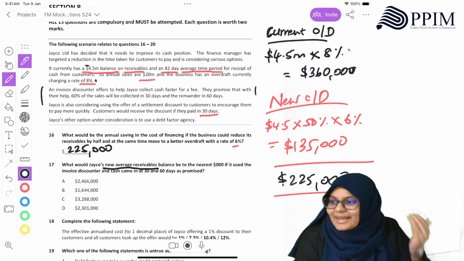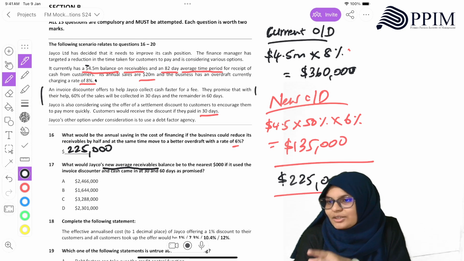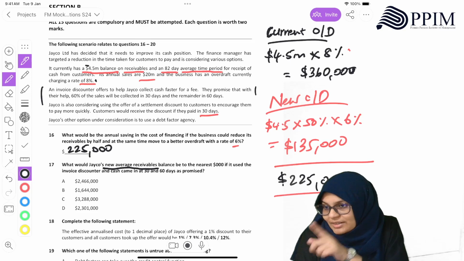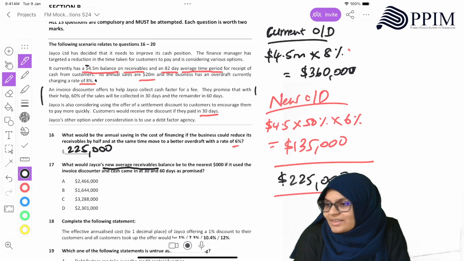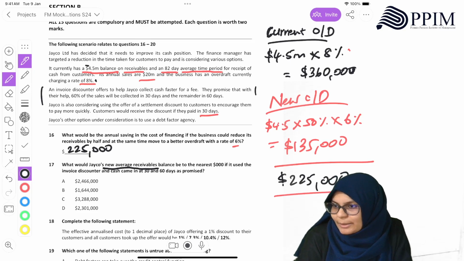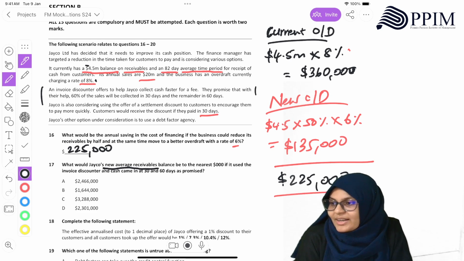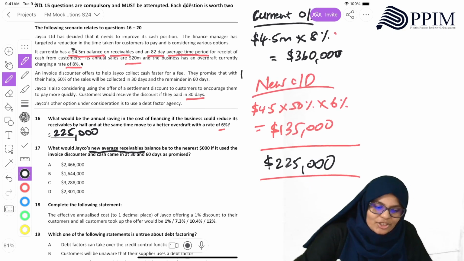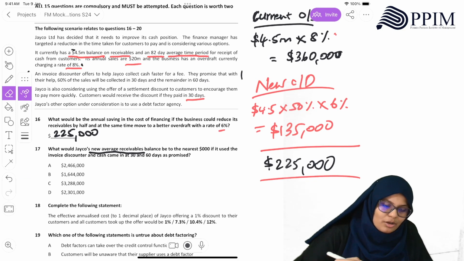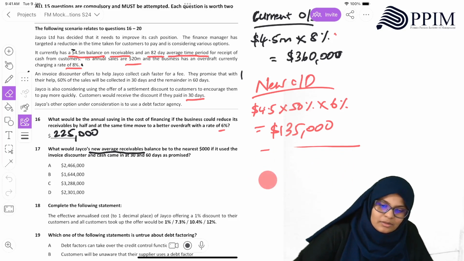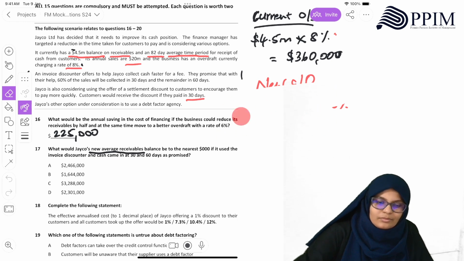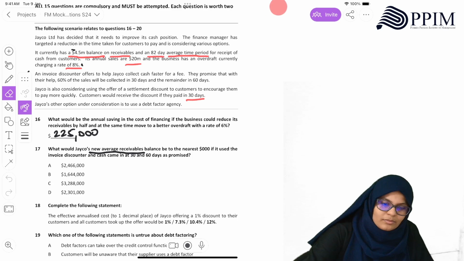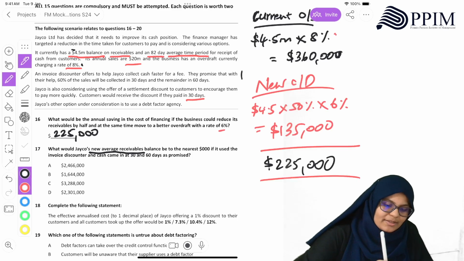Now receivable days figure is easy for me. 60% into sales, 60% will give in 30, 40% will give in 60. I know how the receivable days will be. Okay, but what is going to be difficult is to find the receivables figure. So how do I go about that, right? So again there is an equation like this, right? I am sure all of you know it. Okay, so there is an equation that goes like this.